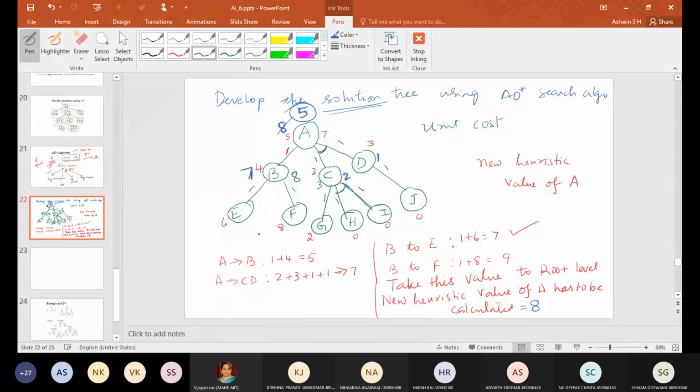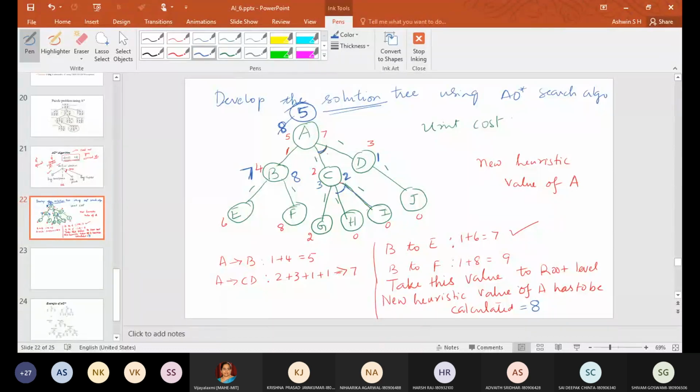Okay, then you have to calculate the heuristic value of the root node. You have to take back these values to the new root node. Again, you have to explore in the other direction if possible, and you have to calculate the root heuristic value. This is how you build the solution tree using this technique.